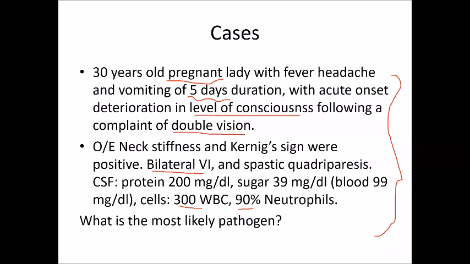Actually, it's associated with any condition that can cause depressed immunity. So any condition, people on steroids, people on chemotherapy, sometimes malignancy, diabetes, elderly or very young, all of those are susceptible to Listeria monocytogenes.